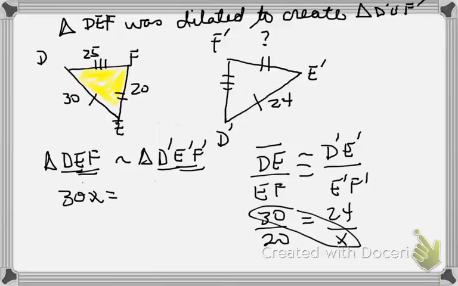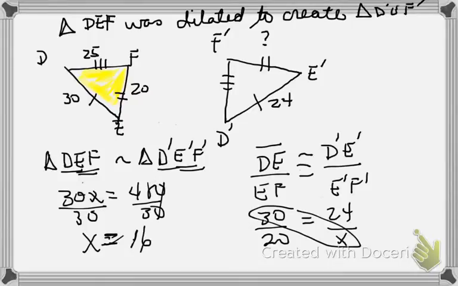And that's going to be, it looks like 480. If I divide both sides by 30, it looks like my missing one is going to be 16. So this actually would be 16. And we can find D prime, F prime as well. I mean, we could go ahead and do it that way as well, doing the same thing.